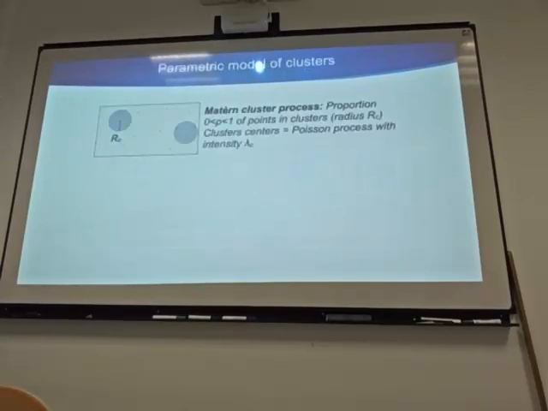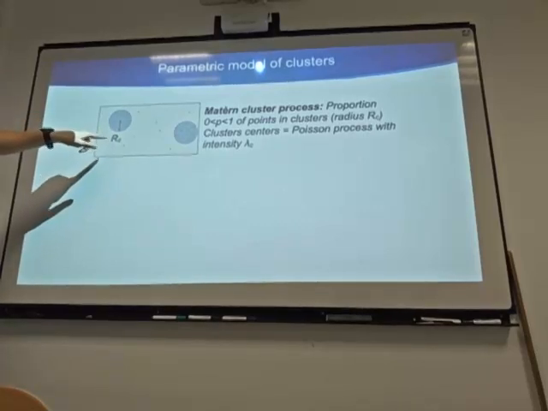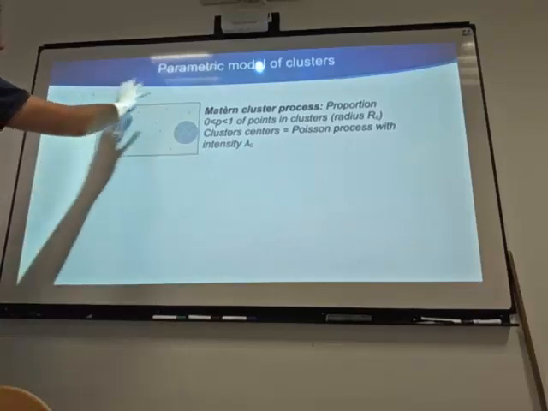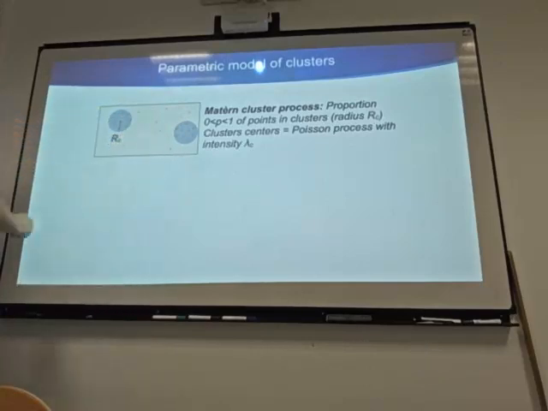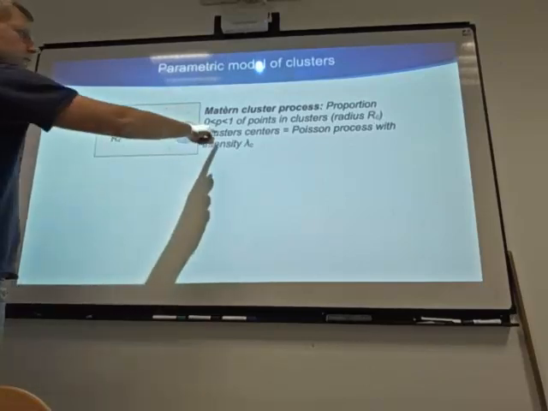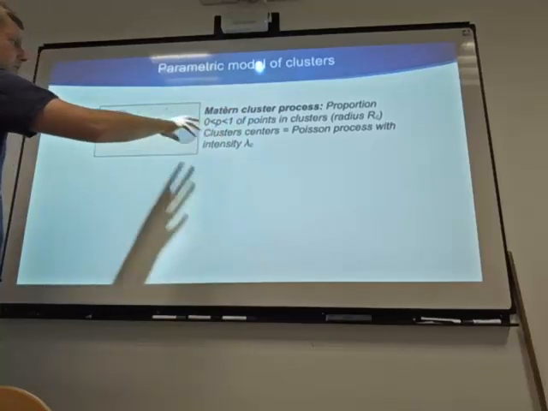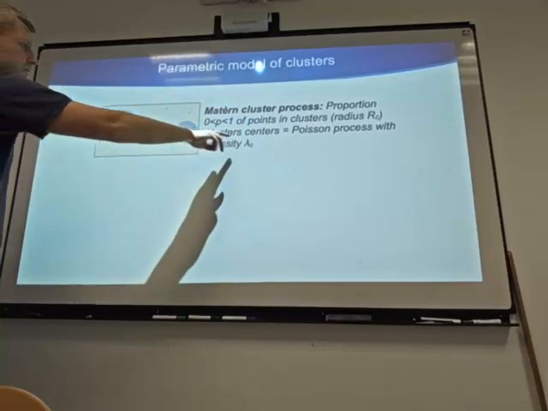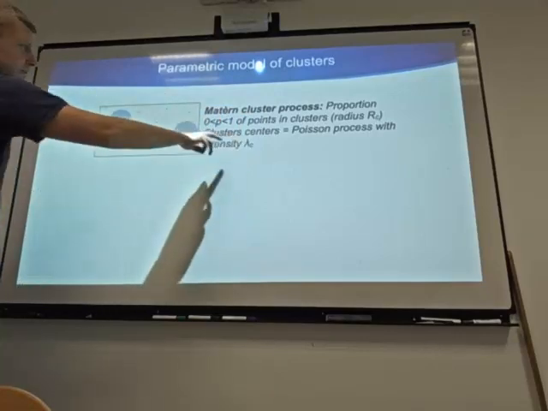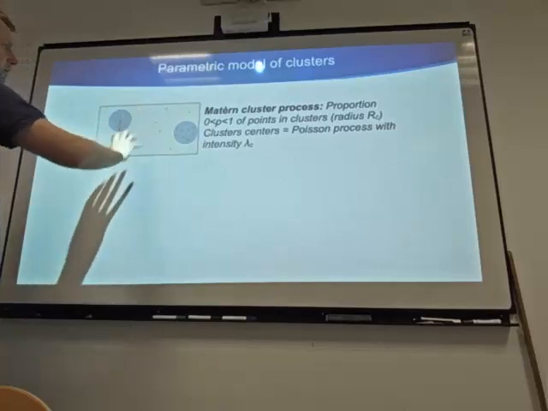And so here I chose quite a general Matérn cluster process. So in this model, you have clusters with radius RC, and you are going to position these clusters randomly in the domain. So the cluster centers are a Poisson process with some intensity lambda c. So they are randomly distributed. If lambda c is constant, lambda c gives you the mean number of clusters.